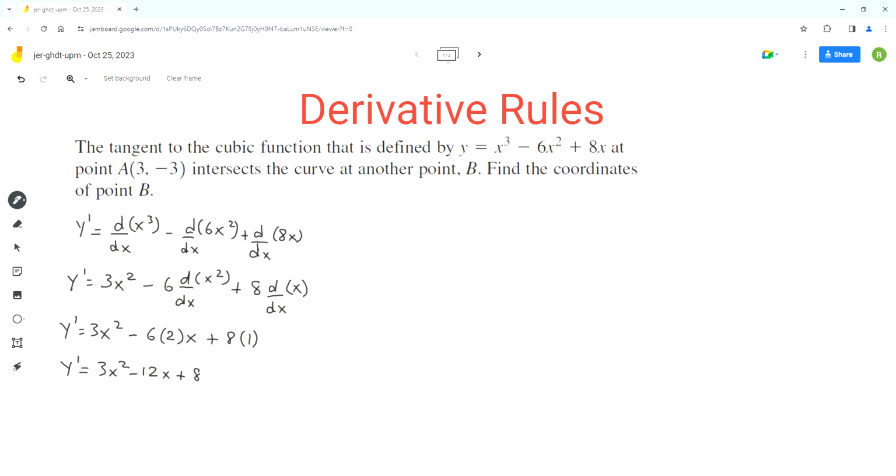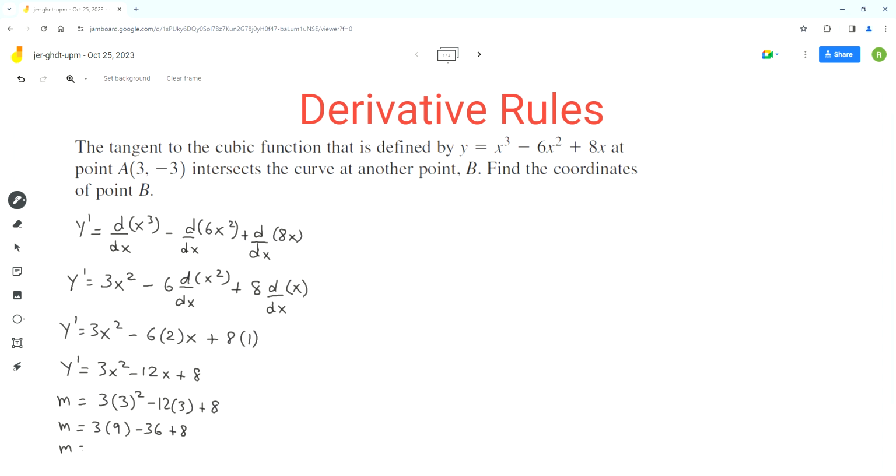Now the tangent touches this curve at point (3, -3). So the first step here is to sub in x as 3 to get the slope of the tangent. So we'll get 3 times 3 squared minus 12 times 3 plus 8. So we get m equals 3 times 9 minus 36 plus 8.